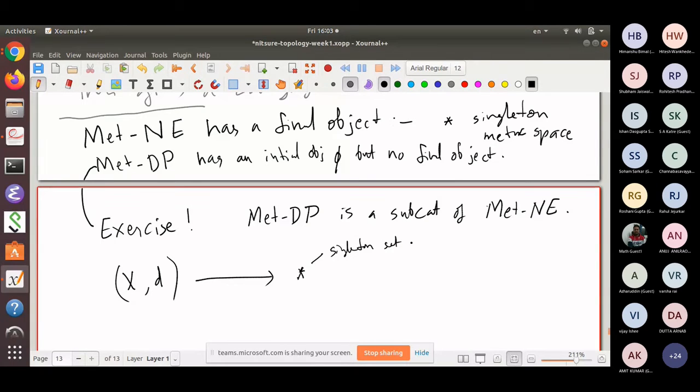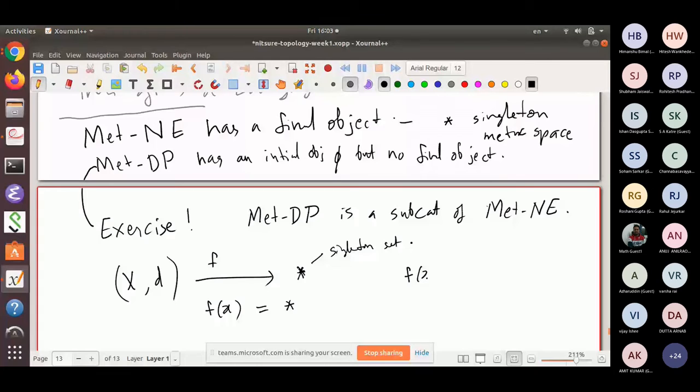So I have this map f of x equal to this point. Now, is this non-expanding? So f of x and f of y. What's the distance between f of x and f of y in this metric space? 0, sir. That's always 0.